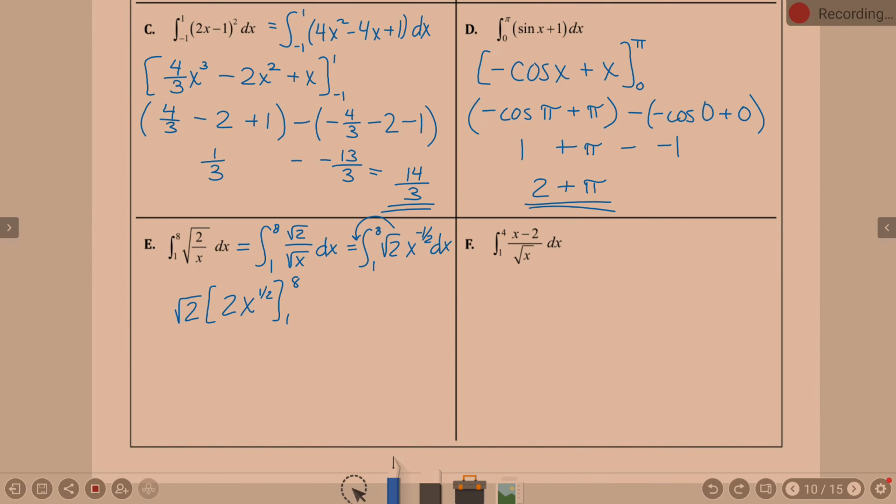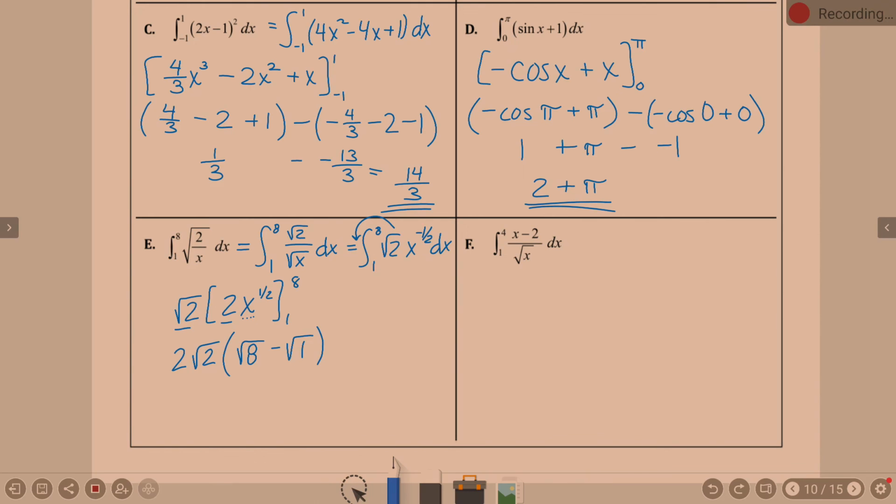Now if you want, can you take that other 2 out front with it now? Yeah. You can put these 2 out front and just say, okay, I know I'm going to have 2 square root of 2. And then you're just plugging into x to the 1/2, which x to the 1/2 really means what? Square root. So we're saying square root of 8 minus square root of 1.